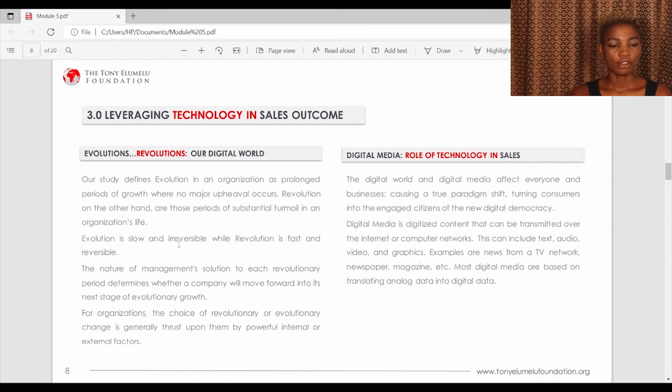Evolution is slow and irreversible, while revolution is fast and reversible. The nature of management solution to each revolutionary period determines whether a company will move forward into its next stage of evolution growth. For organization, the choice of revolution and evolution change is generally thrust upon them by powerful internal or external factors.